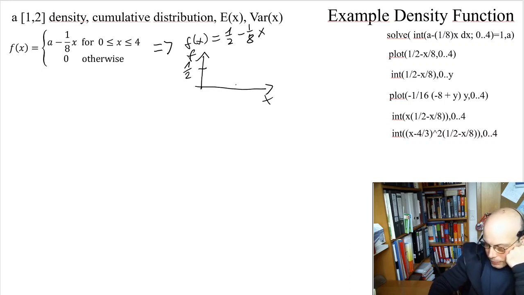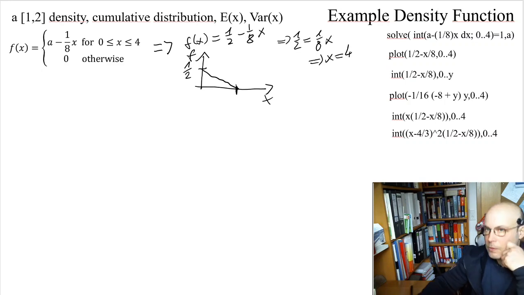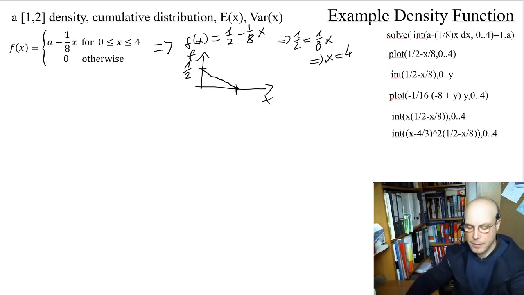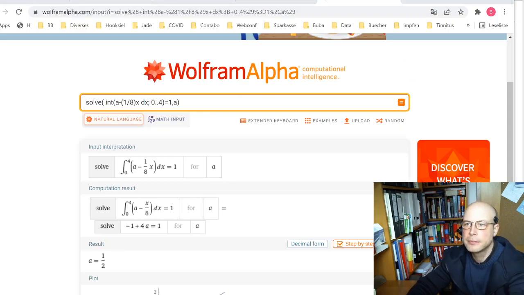And then we need also the cutting point with the x-axis. And this we just get if we set this to 0. So 1/2 equals 1/8 x. So x equals 4. So this is our density function, if we show it graphically.